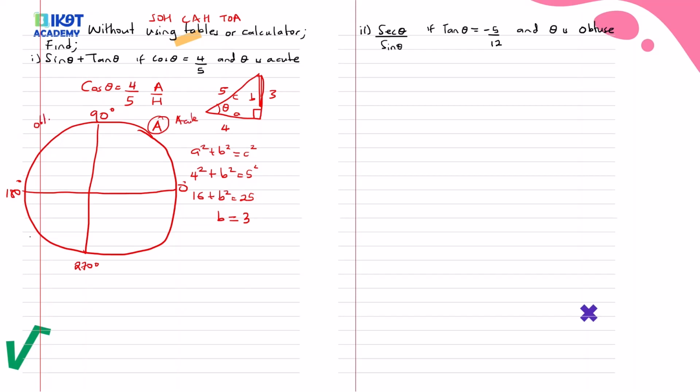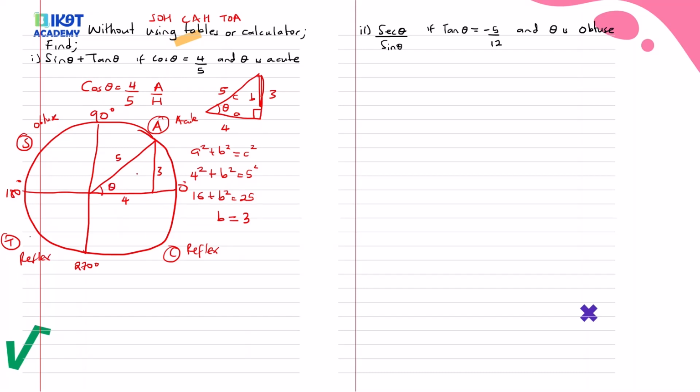This is where obtuse angles are, but we say all students take chemistry. So here obtuse, here is reflex, and here is also reflex. Since theta is acute, our triangle is going to be here. So we have this side being 4, this side being 3, the hypotenuse being 5, and this is theta.